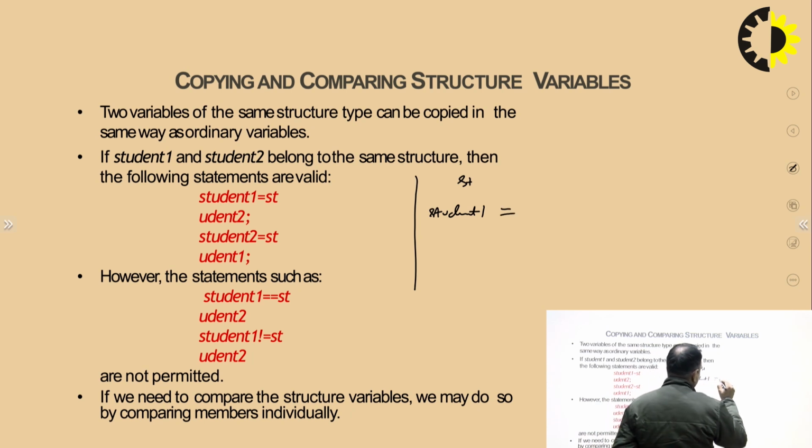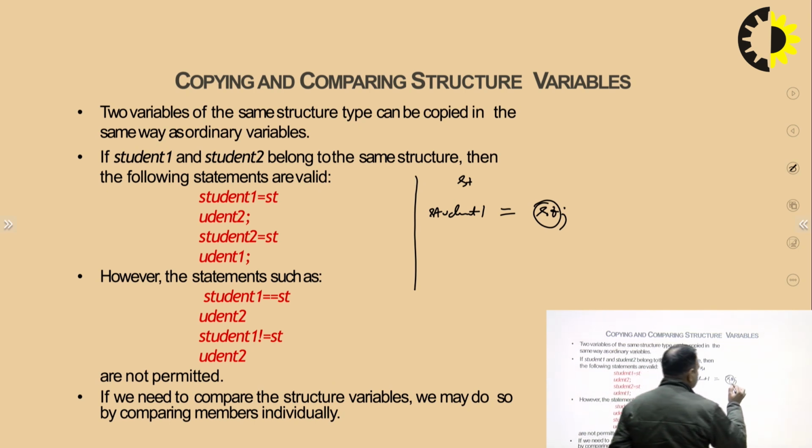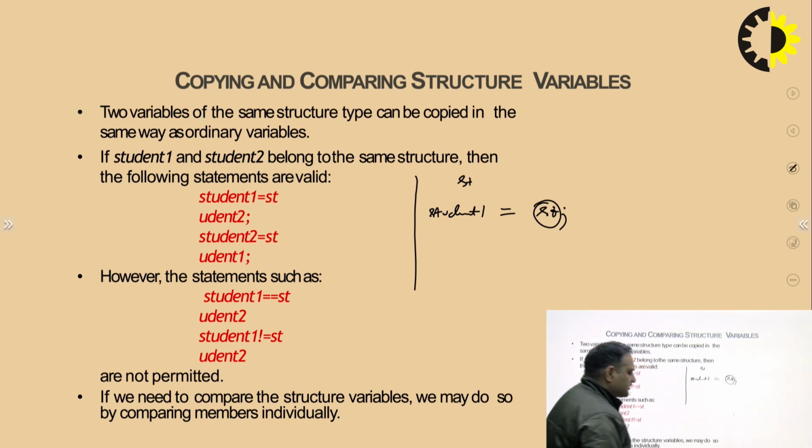Then we use st1 = student 1; all the information of the st1 variable, meaning name, grade, roll number, address, percentage, phone number, all the information in this st1 variable is assigned to the student 1 structure variable.